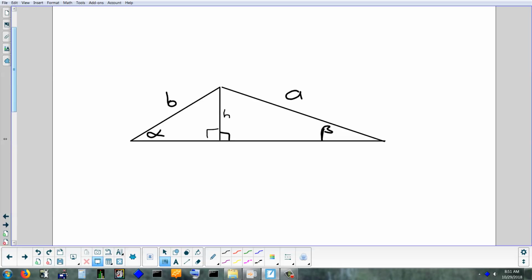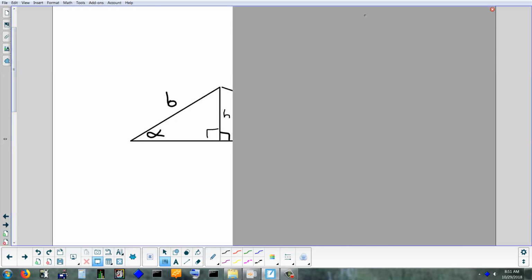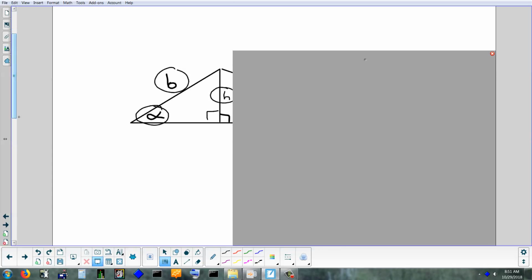All right, so for now, let's block the right-hand side. Just going to look at the left. And I've got three pieces of information that are labeled: alpha, H, and B. My goal right now is to come up with a formula for H. I want to be able to figure out the height of that triangle.